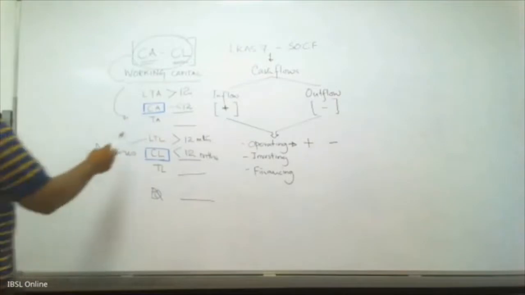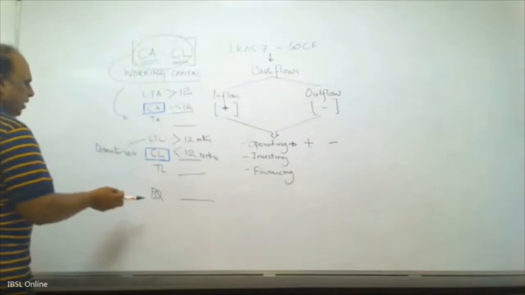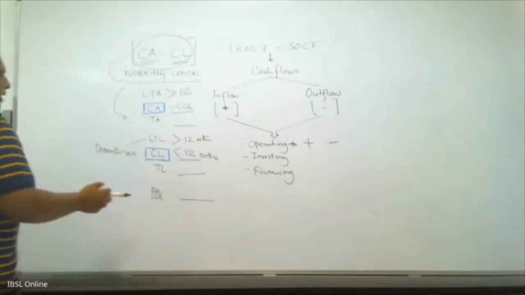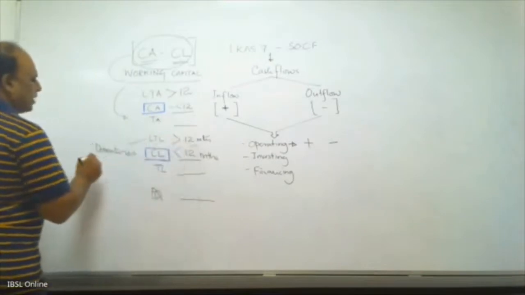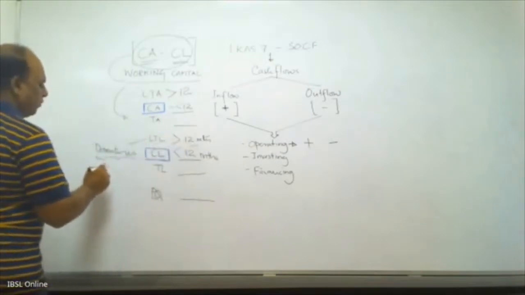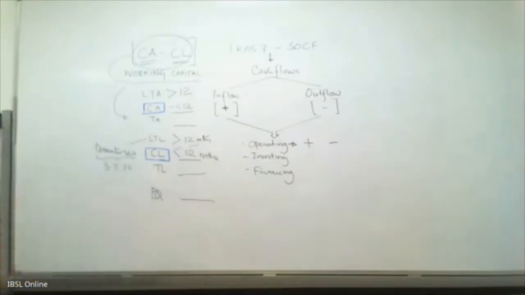So for long-term liability, you can have a debenture. This financial instrument can be repaid after 12 months because debentures are generally issued for a period of 5 years or 7 years or 10 years or even more than that. But generally, these are the maturities.